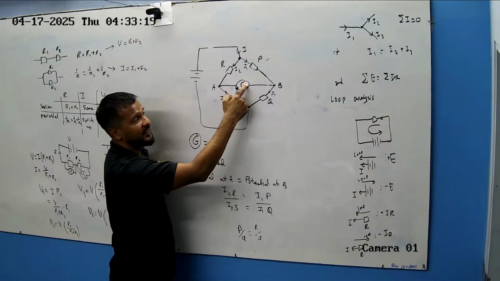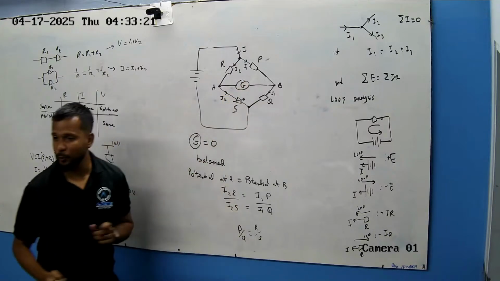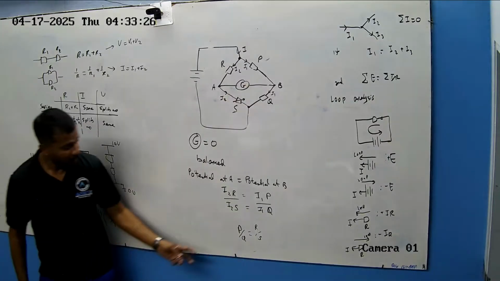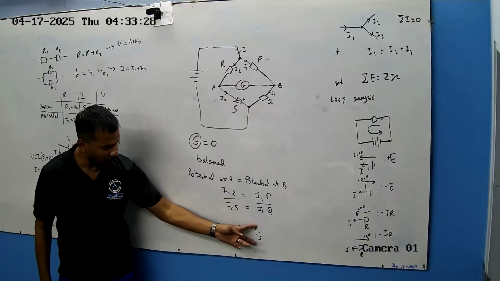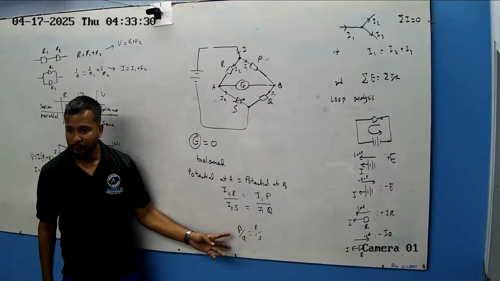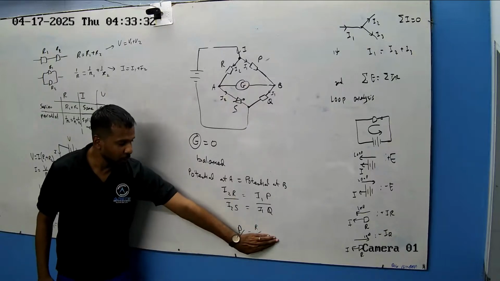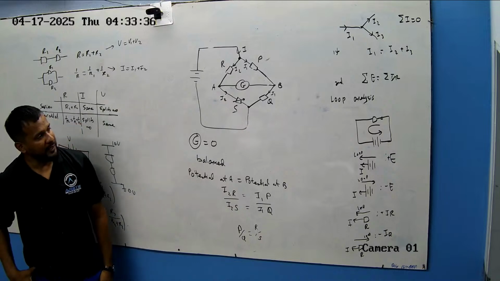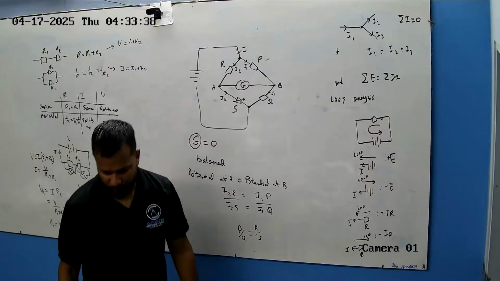When G is 0, I can use the Wheatstone bridge formula and solve for anything I want. So basically the Wheatstone bridge compares these resistances, and if one is unknown, I could find it. That's one of the applications of the Wheatstone bridge.